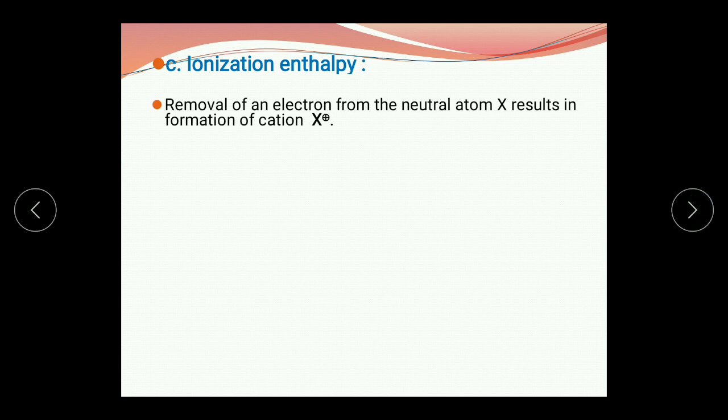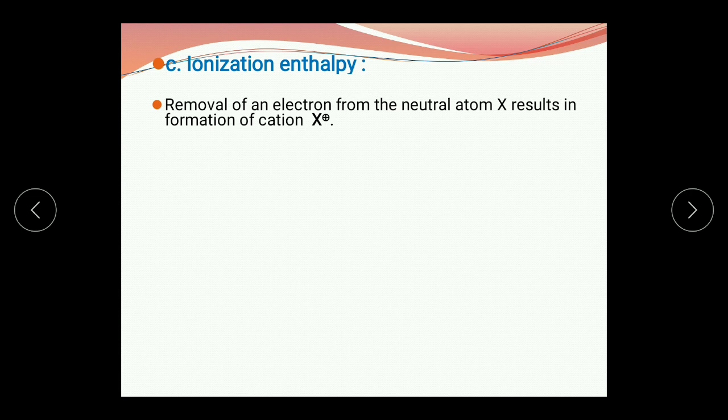Now, the next factor we are going to learn about, and its trend, is ionization enthalpy. What is ionization enthalpy then? Enthalpy is energy. Ionization enthalpy is the energy required to remove an electron from the outermost shell.